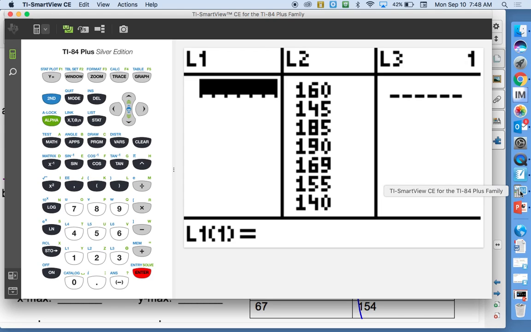And then go back and make sure that you put them in correctly. So do a double check on your data.